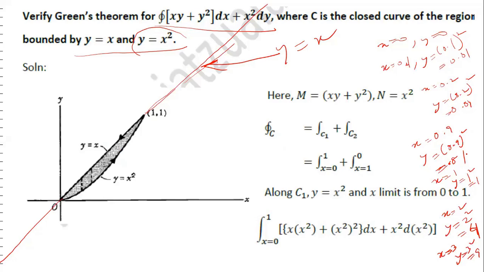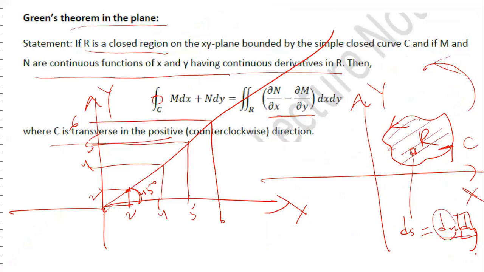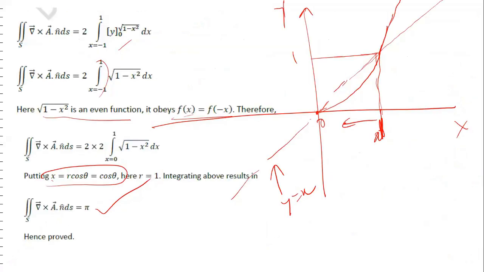So when x value is less than 1, y value will be less than x. But when x value is greater than 1, x equal to 2 means y is 4, x equal to 3 means y is 9. So your curve will be this. This is y equal to x square. I hope you can picture that.